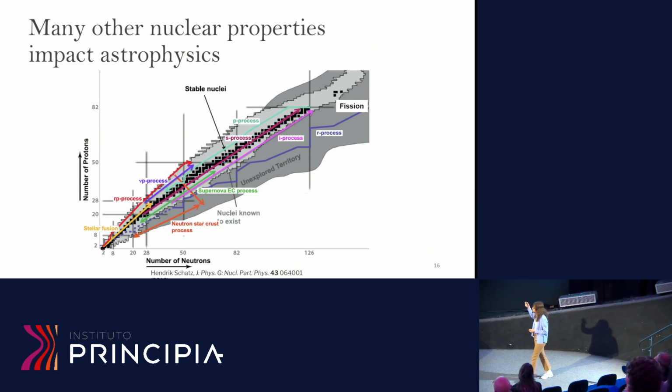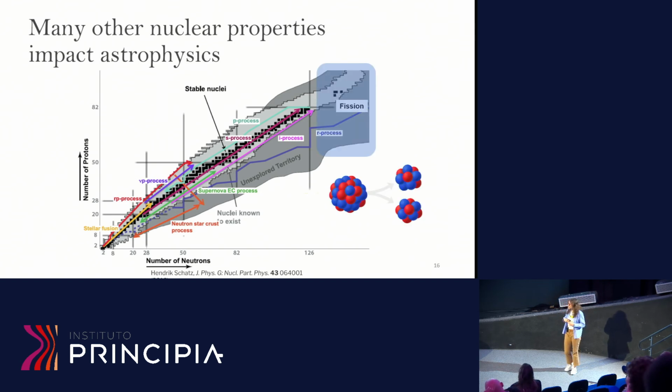But when we get to heavier elements, another process that contributes to the abundance of the heaviest stable elements is fission. And fission is a complex dynamical problem which is regulated by the time-dependent Schrödinger equation.